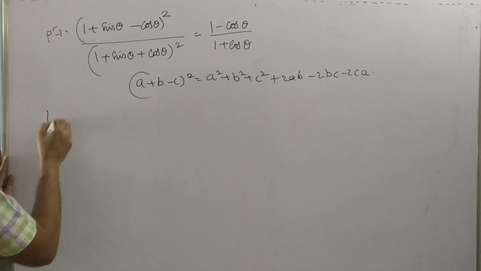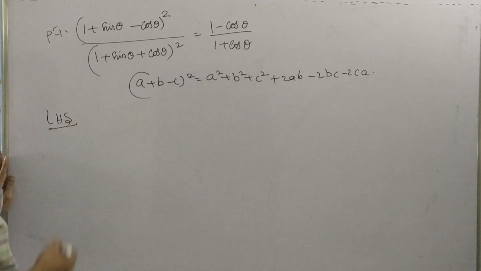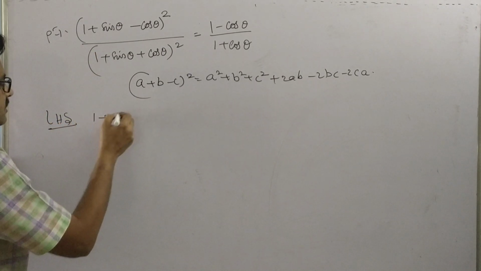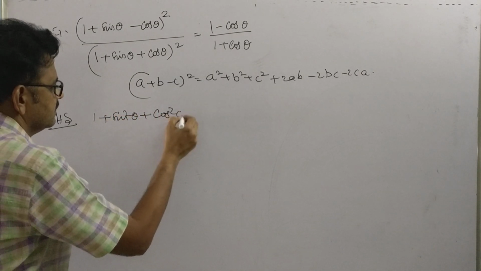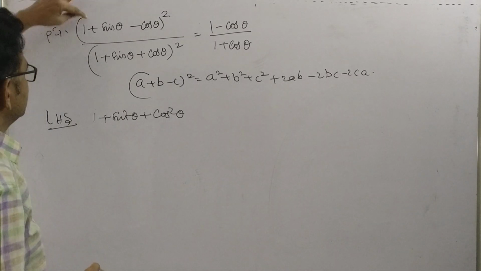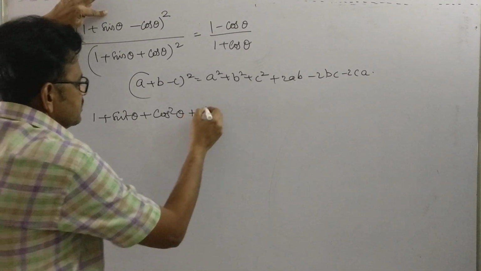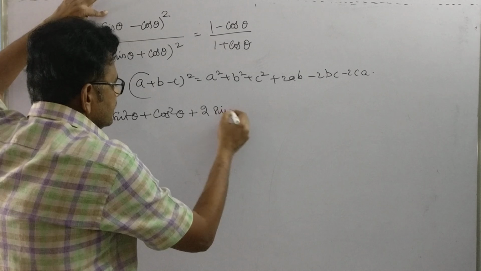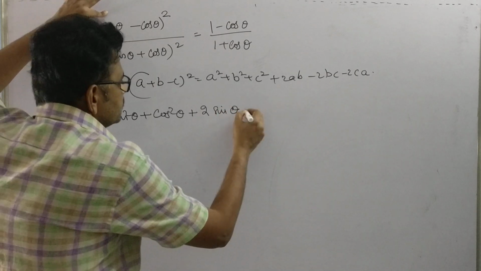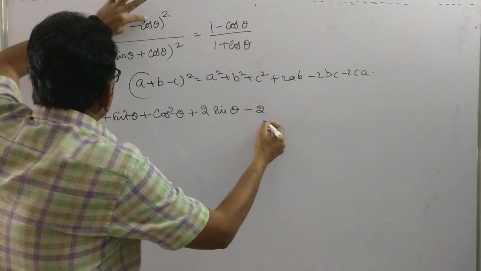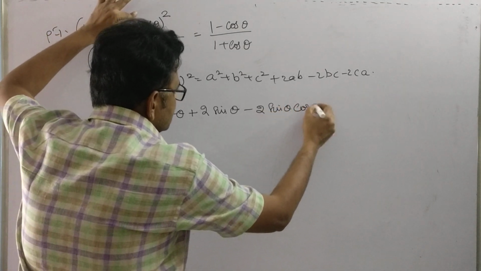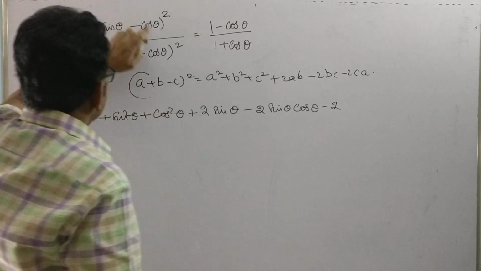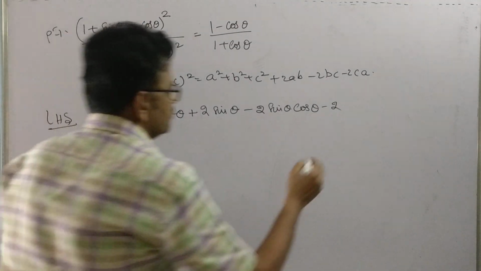So this is the LHS: a square plus b square plus c square plus 2ab. So that is plus 2 into 1 into sin theta, minus 2bc, these two, sin theta into cos theta, minus 2ca, cos theta into 1.